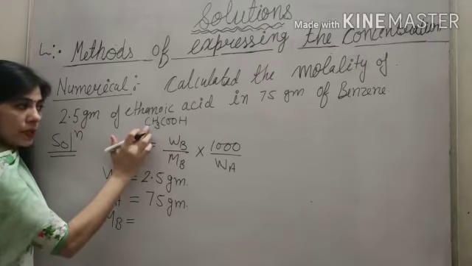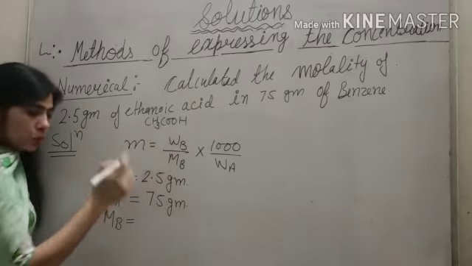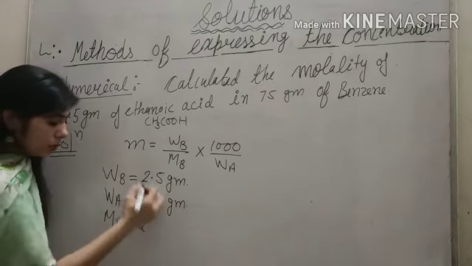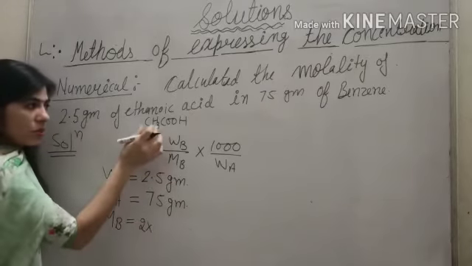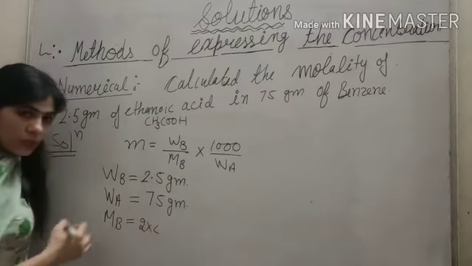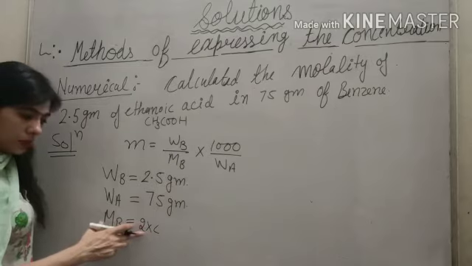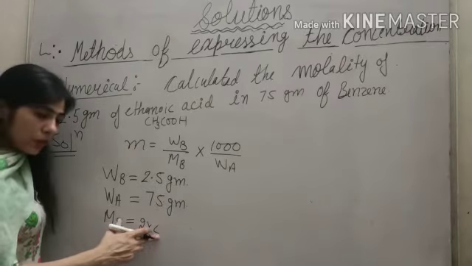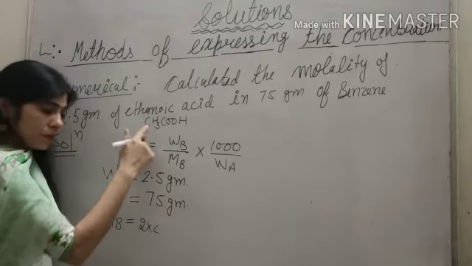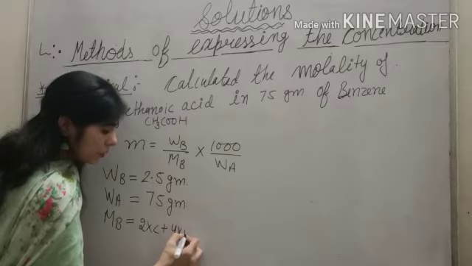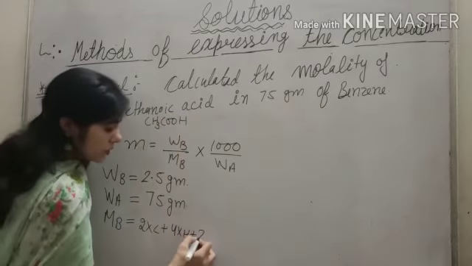So, in this, how many carbon atoms are there? 2 carbon atoms. So, the molecular mass of ethanoic acid is calculated by multiplying 2 by the mass of the carbon atom, as there are 2 carbon atoms, plus 4 hydrogen atoms plus 2 oxygen atoms.